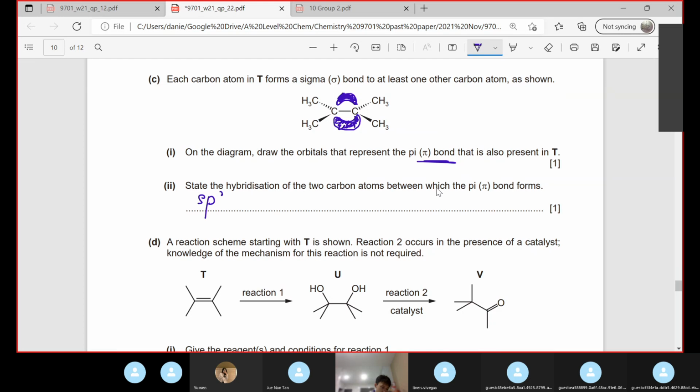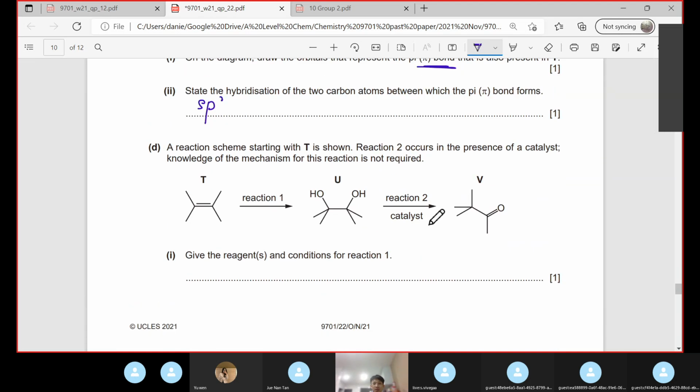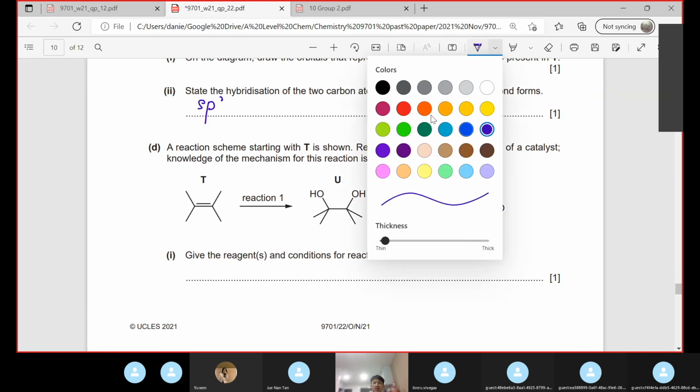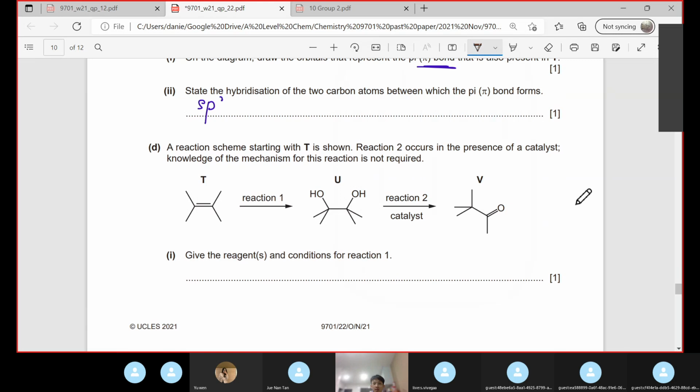Then D. So some organic reactions coming out already. T, U, V. A reaction scheme starting from T is shown below. Reaction 2 occurs in the presence of a catalyst. Knowledge of the mechanism of this reaction is not required.